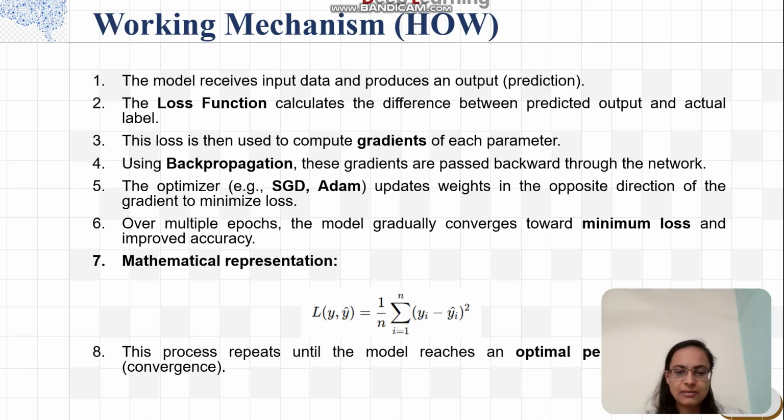So basically, the mathematical representation is given as L(y, y hat) equals 1 upon n, summation i equals 1 to n, of (yi minus yi hat) squared. This process repeats until the model reaches an optimal solution, which is generally referred to as convergence.